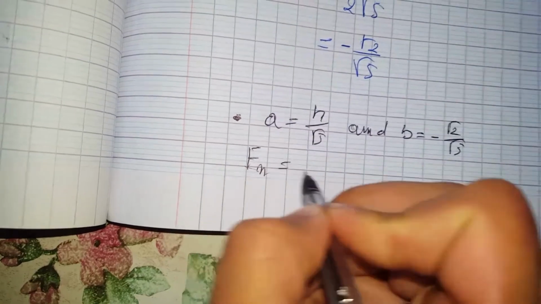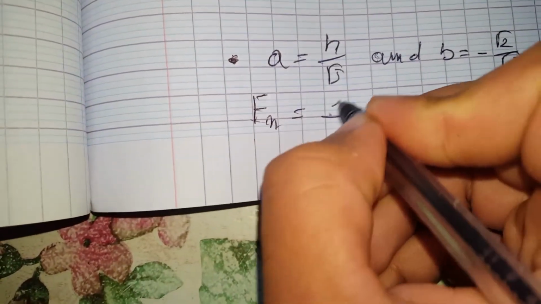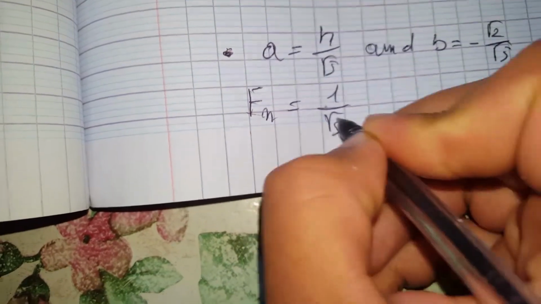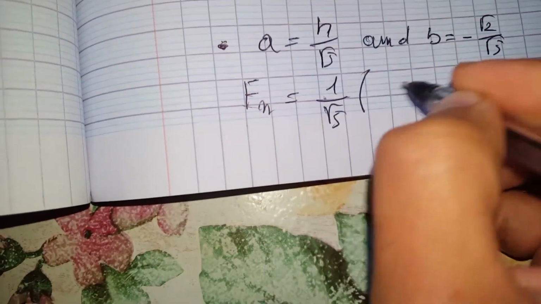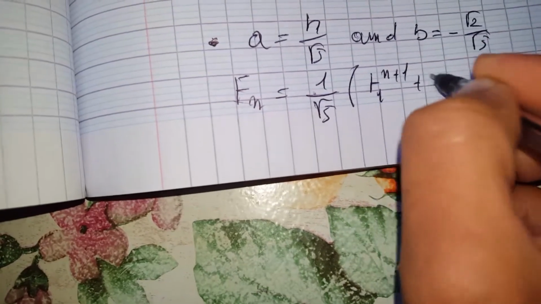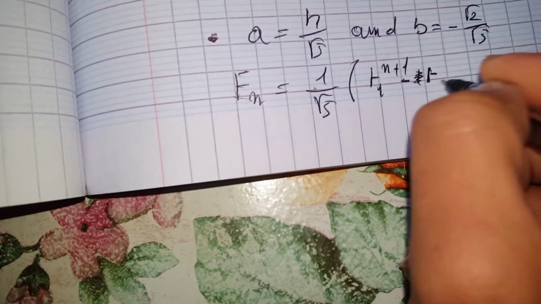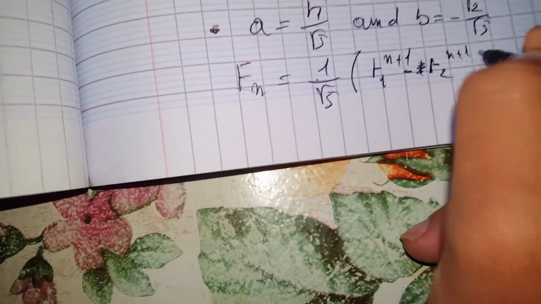So the nth Fibonacci number is 1 over square root of 5 factor of r1 to the n plus 1 minus r2 to the n plus 1.